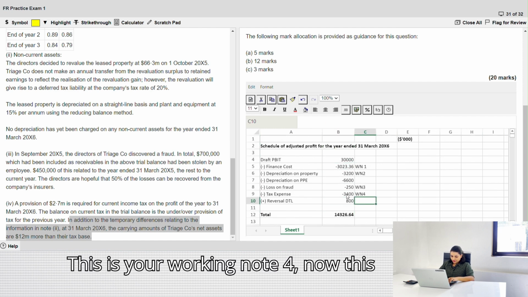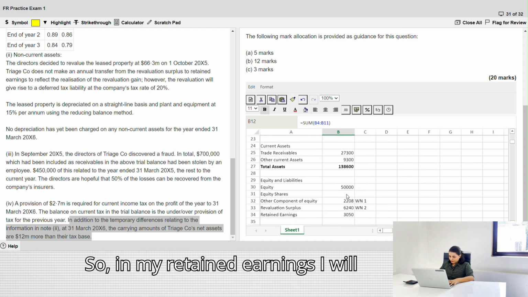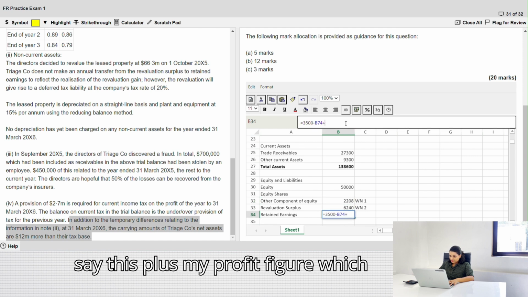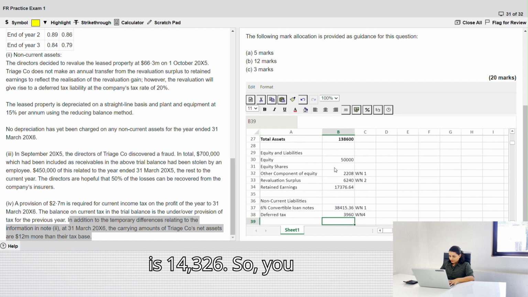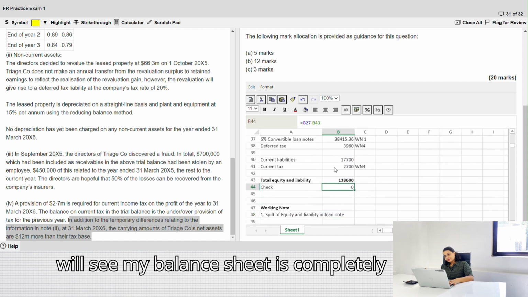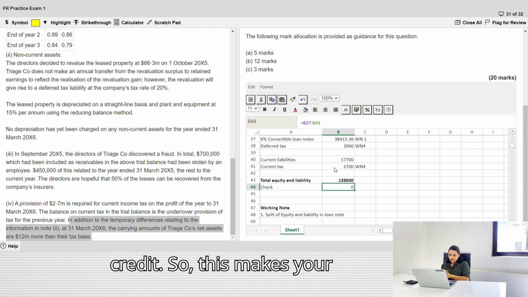This is your working note 4. Now this profit is what will come here. So in my retained earnings, I will say this plus my profit figure, which is 14,326. So you will see my balance sheet is completely matching. All your debit is equal to your credit.